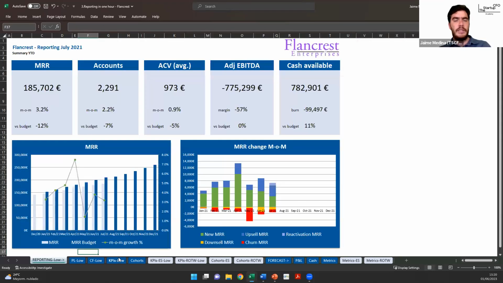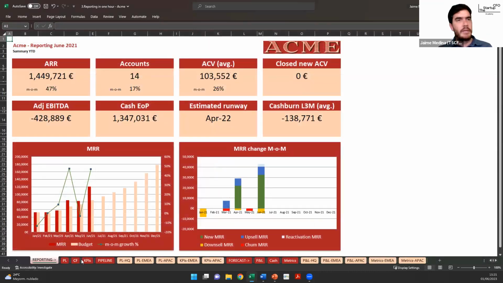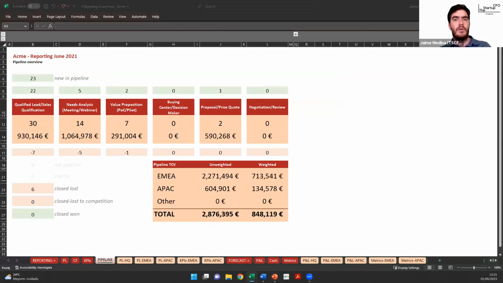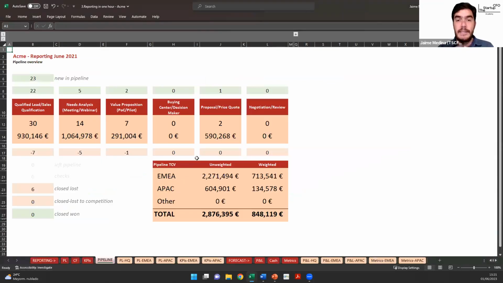Something else you may have noticed that is not exactly the same between the two: I'm claiming that the structure is the same, but we see pipeline here, while we see cohorts there. Why is that? Standards are amazing, and they help us understand things and model many different businesses, but you need to personalize them enough for each client to be meaningful.